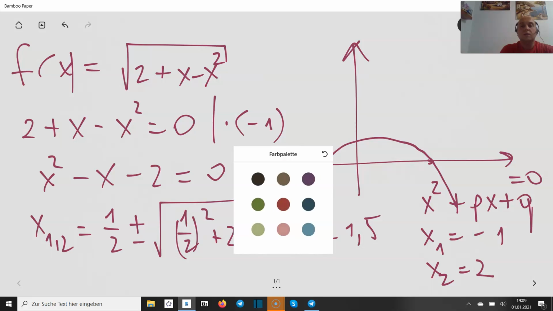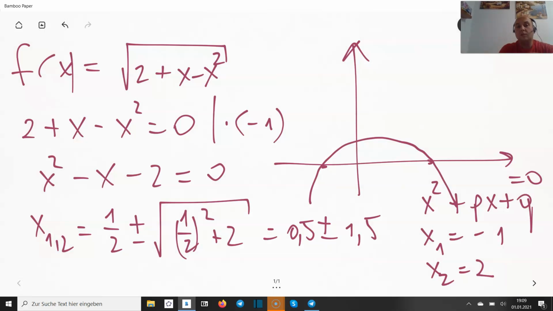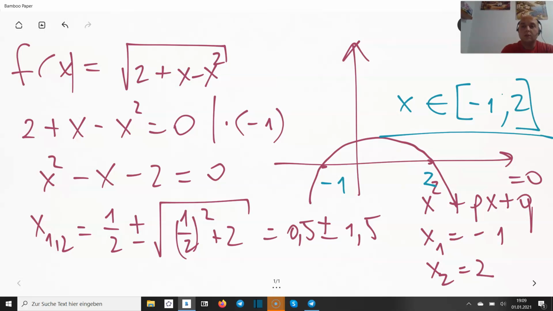All right. So where are we supposed to have x values? Obviously between minus 1 and 2. Otherwise we have negative values. So x is in the interval with minus 1 included, and 2 is included as well. That's it.